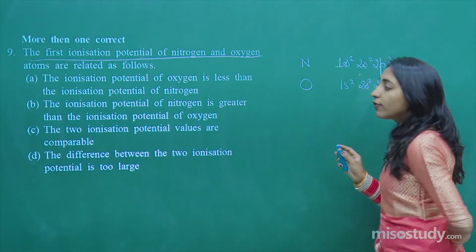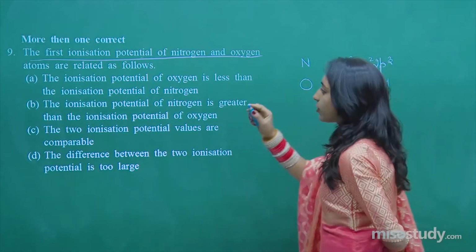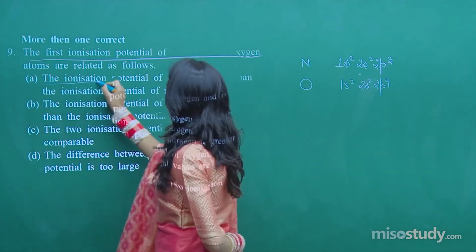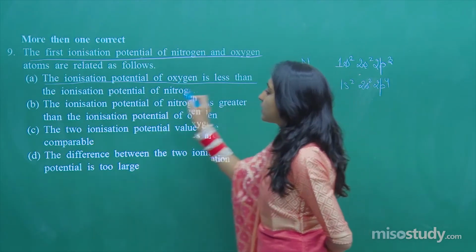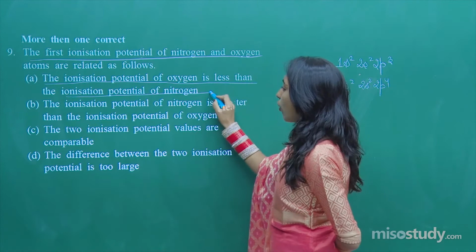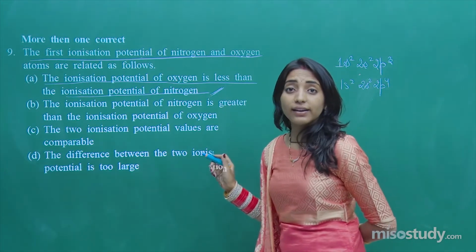See, the first thing that I'll say is, let's read down the options. The ionization potential of oxygen is less than the ionization potential of nitrogen. Yes, that is correct.